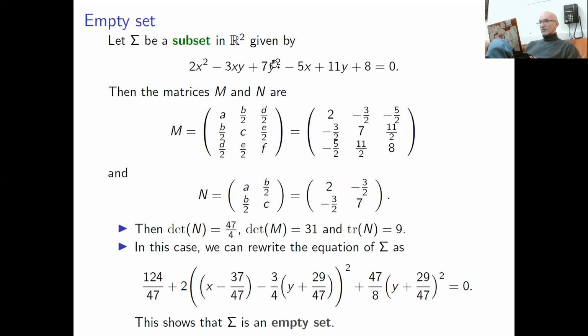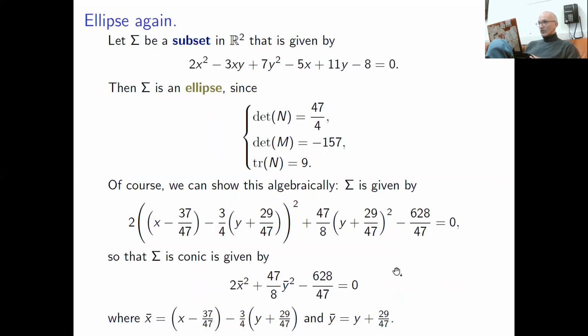And then you try to complete the square of y, wisely. Then you can rewrite your equation in this way, and you see this is positive, and this is positive. So you get an empty set. This is another way you can determine the type, if you just complete the square of your equation in such a way.